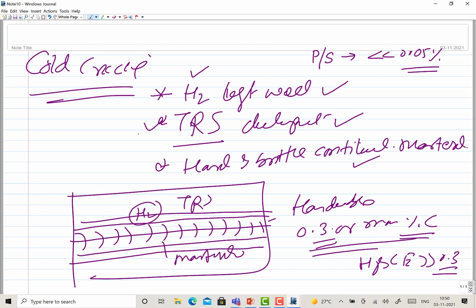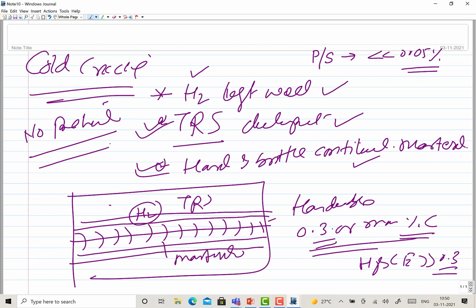The TRS, tensile residual stresses, are invariably present if there is no proper preheat, and the hard and brittle martensite formation is also there with the hardenable steels if there is no proper preheat. Okay, so all these are usually present if there is no preheat.